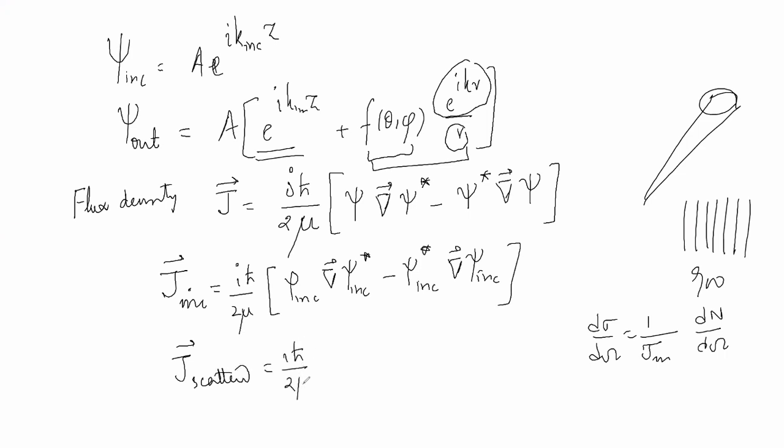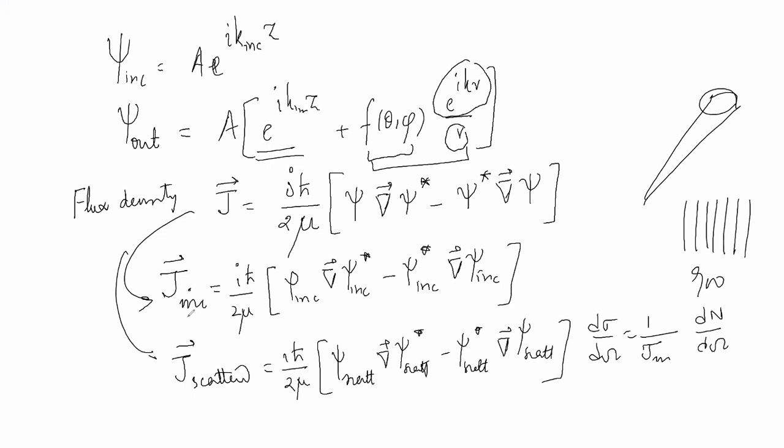This will be i h cross by twice mu, psi scattered del psi scattered star minus psi scattered star del psi scattered. So I have just used symmetry. For incident, I have put inc in the suffix. For scattered, I have put scattered as the suffix.